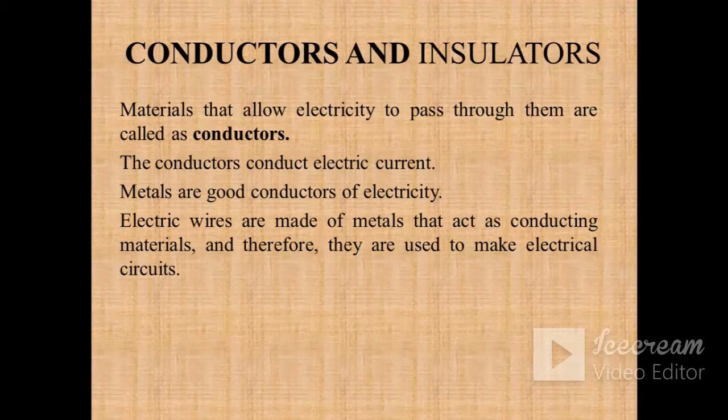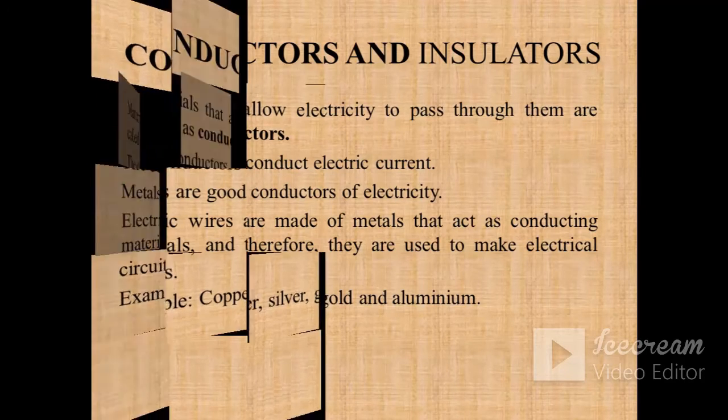Electric wires are made of metals that act as conducting materials, and therefore they are used to make electrical circuits. For example, you must have seen copper wire, silver wire, aluminium wire. Just because they are very good conductors of electricity, they are used to make electrical wires.